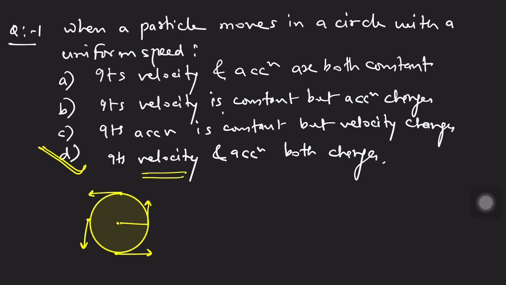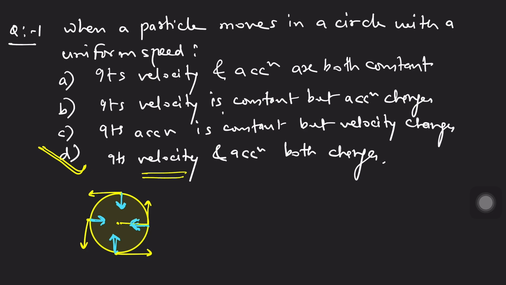But if you see, the acceleration that it is going to have is only the centripetal acceleration, because there is no tangential acceleration, as speed is not changing. But the centripetal acceleration is acting towards the center, right now in this direction, then in horizontal direction, now in vertical direction, now again in horizontal direction, and then again in the vertical direction.